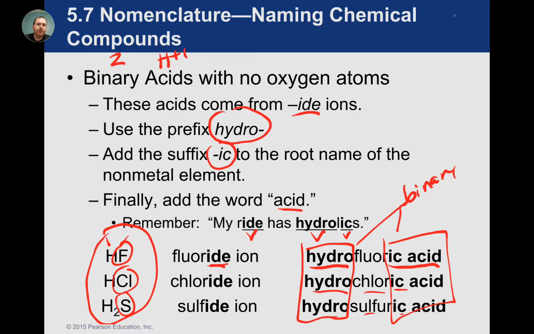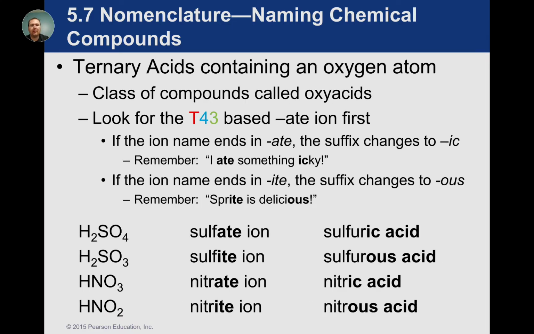That's different from ternary. If we have ternary acids, it's because now we have T4-3 based ions. So we're going to expect to see the ate versus ite endings. Now it's all about the oxygens. Just remember that if you're looking at oxygens, ate is always up.